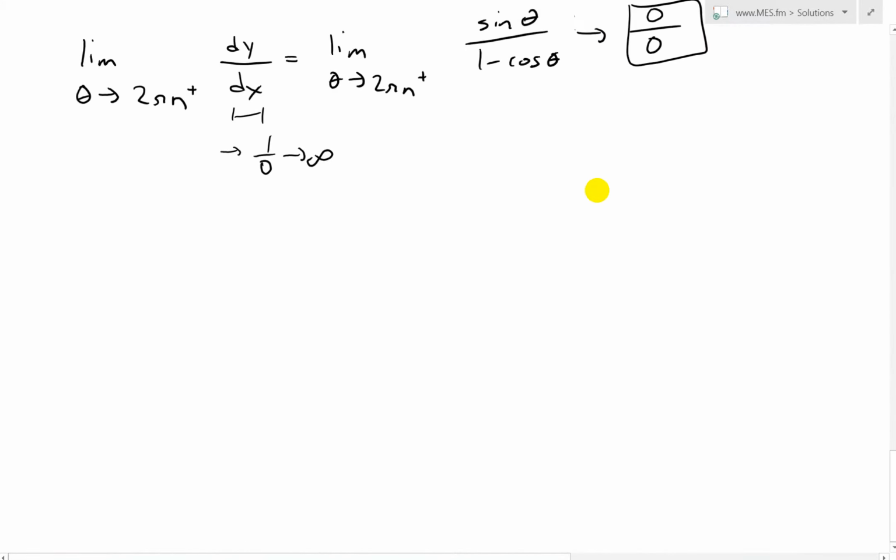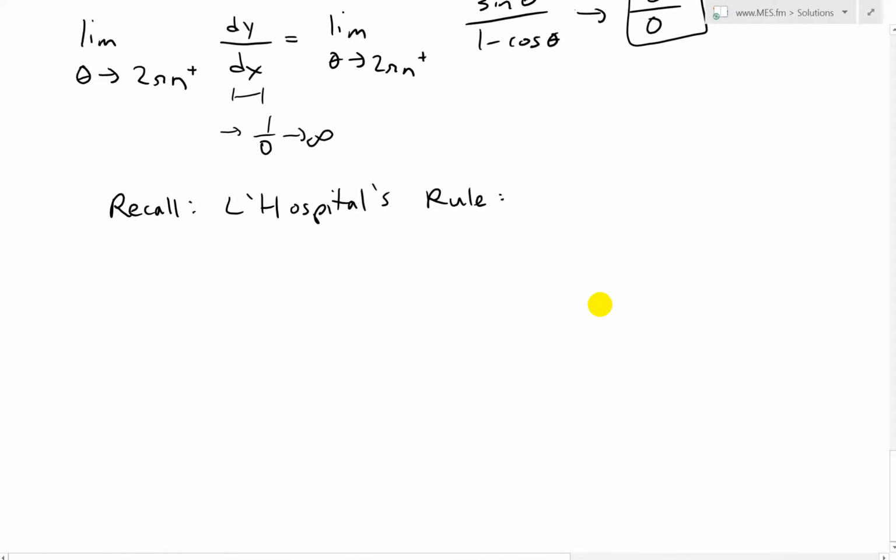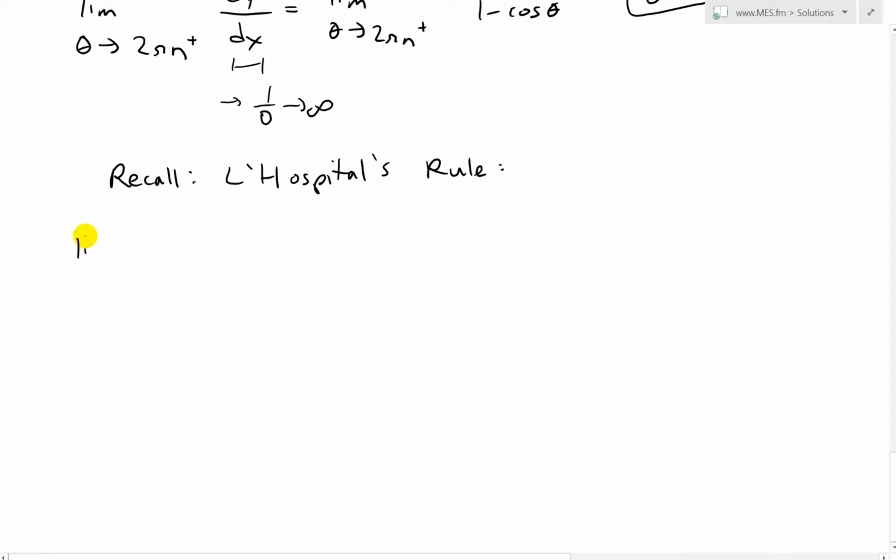So the problem is we can't do this directly, but we can recall L'Hopital's rule, and I'll put the proof in the link below. Whenever we have an indeterminate limit like this, 0 over 0 or infinity over infinity, what we can do is take the derivative of the top and bottom.